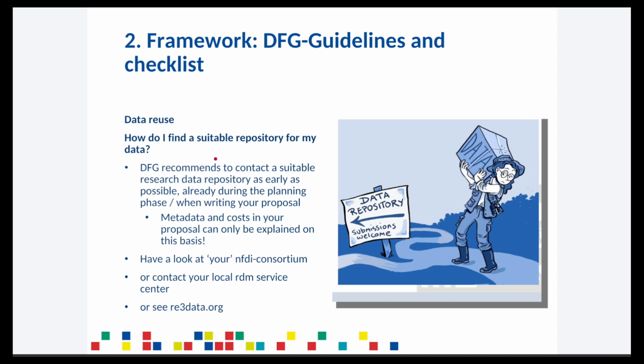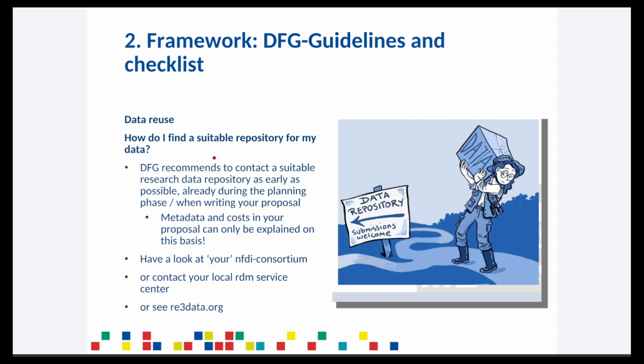That means already when you're writing your proposal, we strongly recommend to look for a proper repository and contact it, because some repositories have fees to drop the data there. And of course, you have to know about that to be able to ask for funding for those fees.